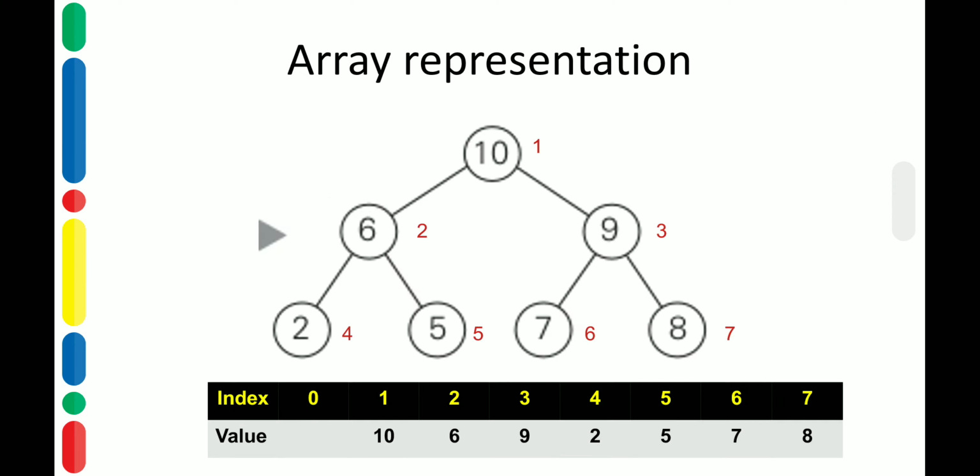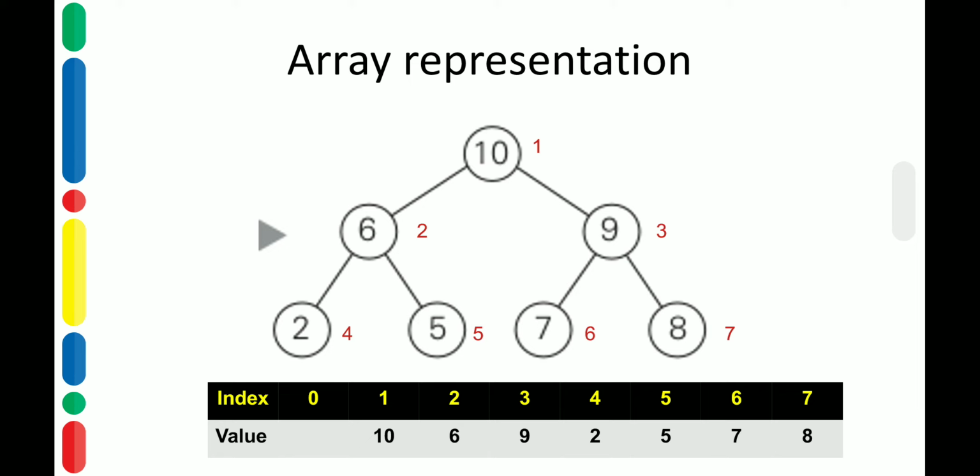Consider this graph: 10, 6, 9, 2, 5, 7, 8. Verify whether this is a heap. Yes, all the nodes are filled as required, and you should understand that a complete binary tree is also an essentially complete binary tree. Also the parental dominance is verified for all possible pairs of parent and child.